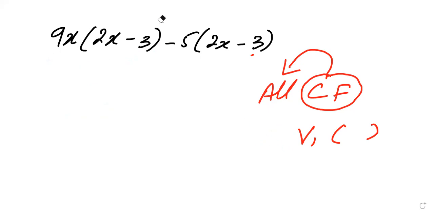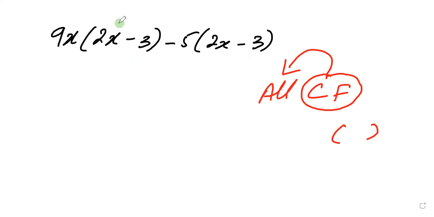Then we try the variable. What is the variable here? x here. There is no variable here. Please, this is a complete bracket. Ignore the number and variable inside the bracket, because we also use a bracket as a common factor. So no common factor of variable. Then what is left? The bracket.